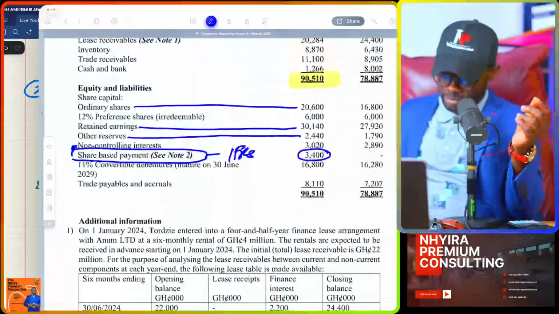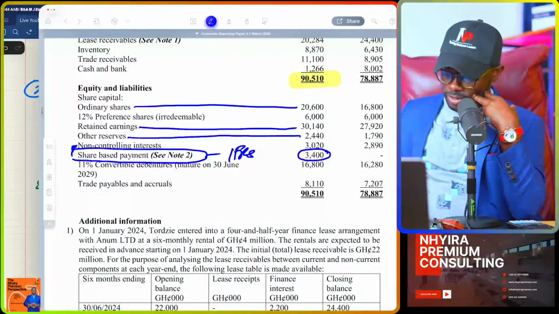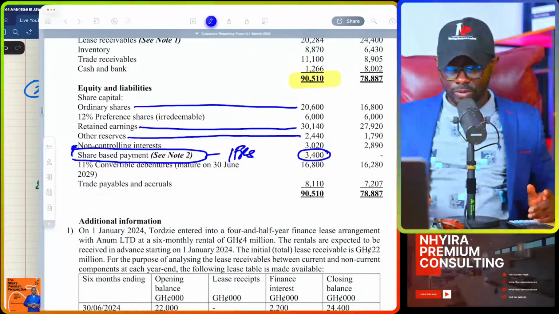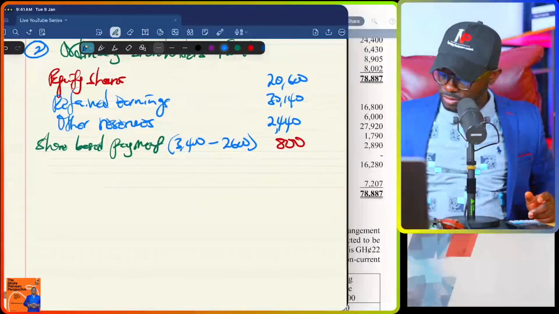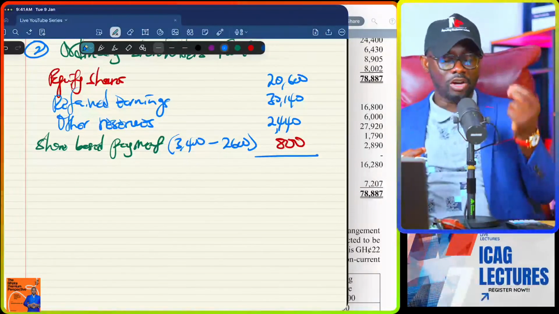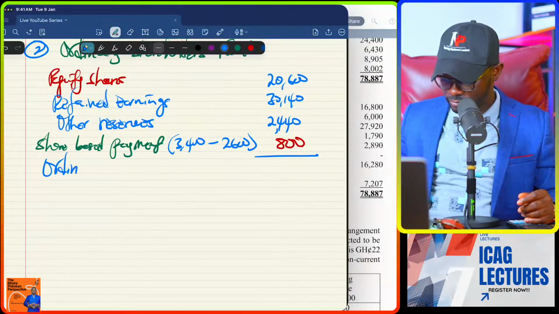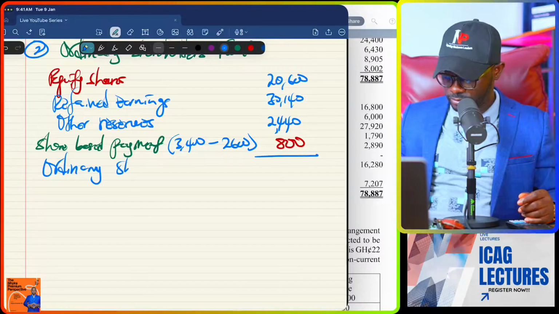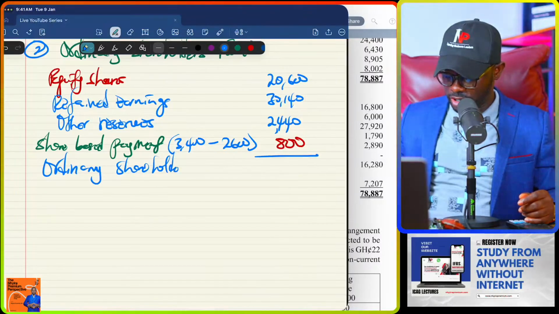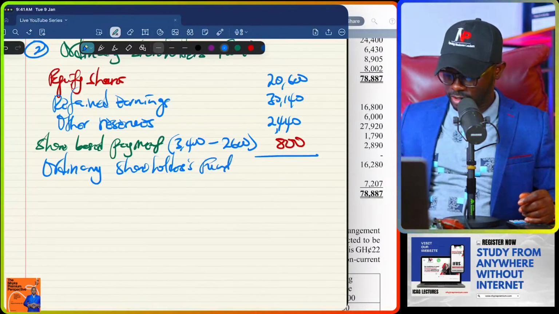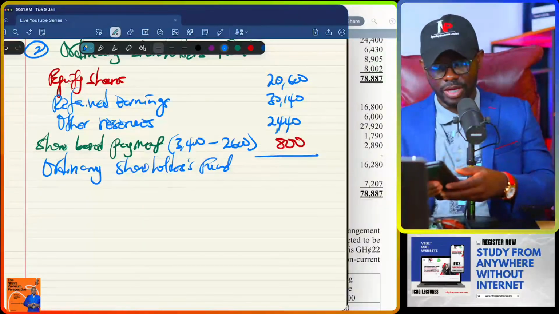Then we go back up. Then they say convertible loan notes, trade receivables, we are done for now. So this is going to be the ordinary shareholders fund, the real owners of the business. Arithmetically, what do we have?